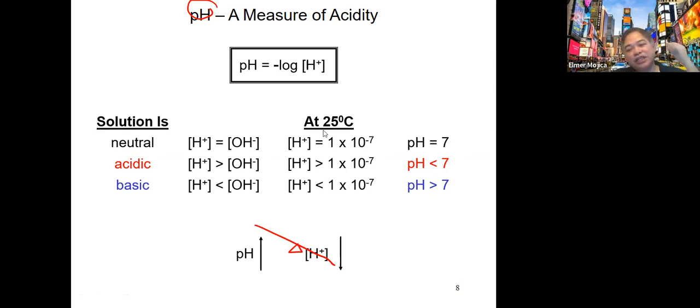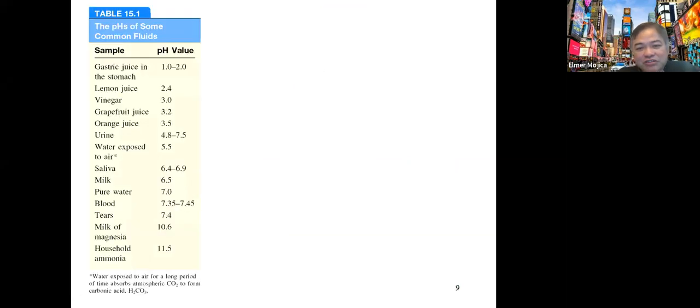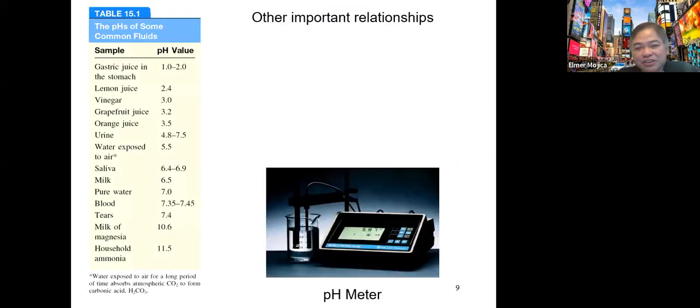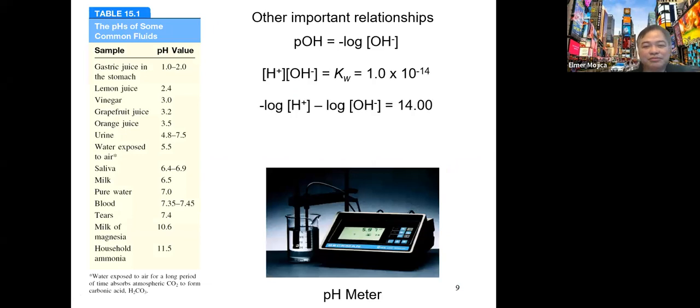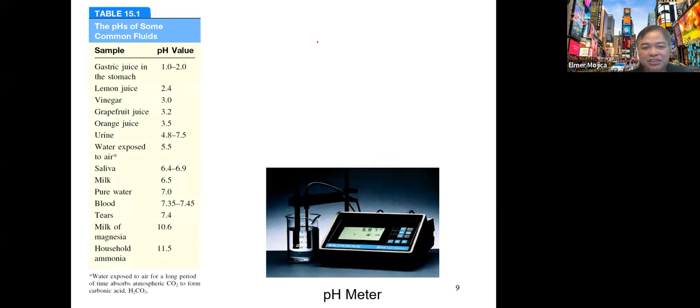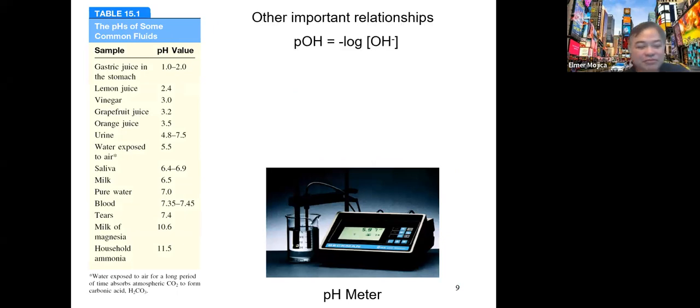Now, if we define pH as negative log of H plus, if we replace this H plus with OH minus, meron din siyang corresponding expression. And that is pOH. So pOH is just equal to negative log of OH minus. Remember, the species that you have in water is either H plus or OH minus.